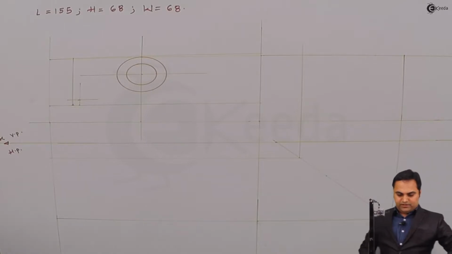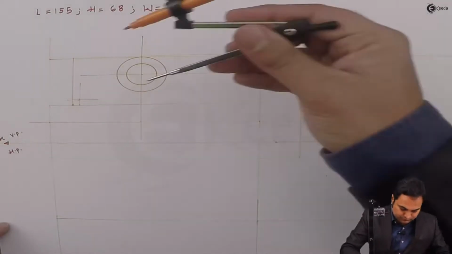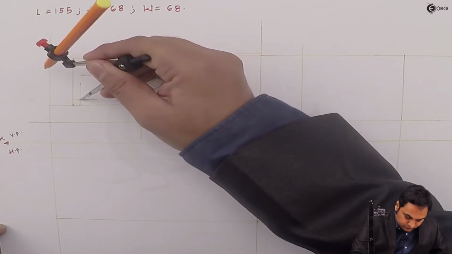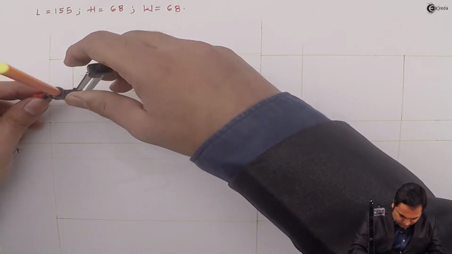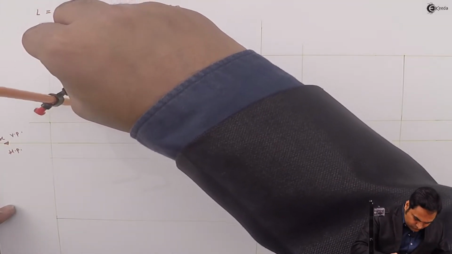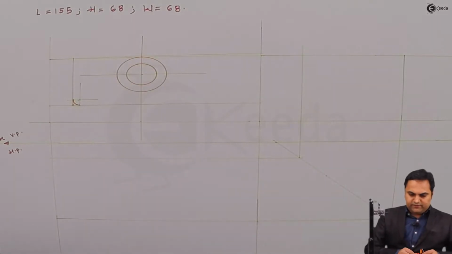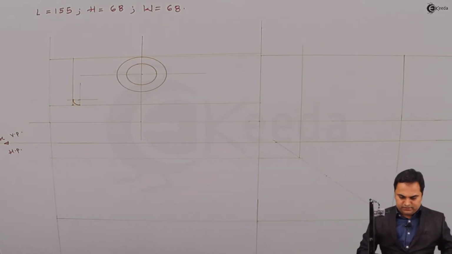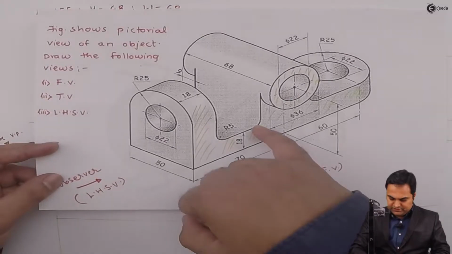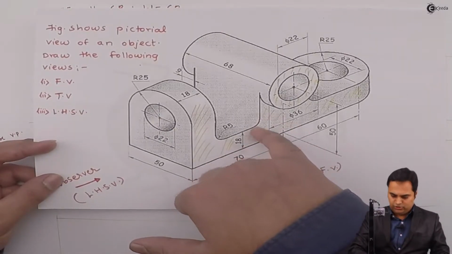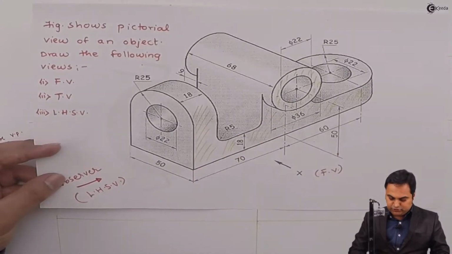So here after marking that radius, I have completed that, and even on the other side, as I can see here, there is this curved portion. So again I'll take that radius also as 5 mm.